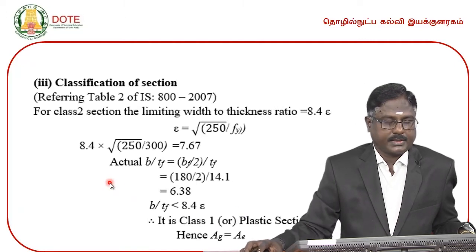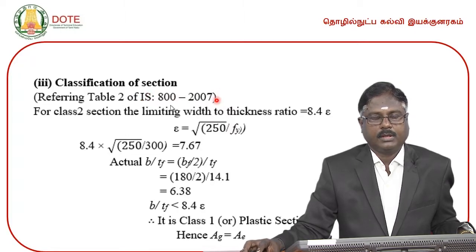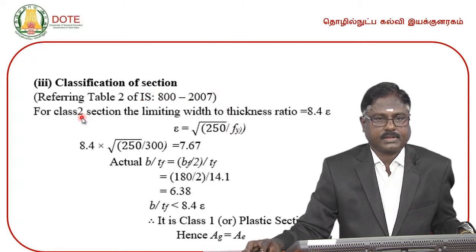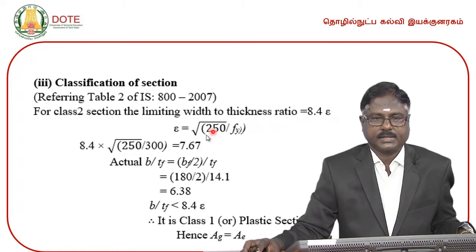And now, the third step is to find the classification of the section. For that we have to refer to Table 2 of IS 800:2007. In Table 2 of IS 800:2007, for various classes, that is class 1, class 2 and class 3, the limiting width to thickness ratio is given, and for class 2 it is 8.4 epsilon, where epsilon is a coefficient given by the square root of 250 by fy, and 8.4 epsilon comes to around 7.67.